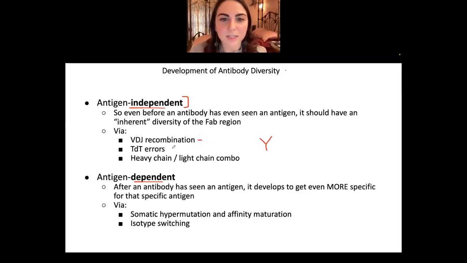There are all these different processes that help give you a very diverse antibody from the start, before it even sees any antigen. So I think of it as developing all these antibodies with inherent diversity. In theory, every single antibody you develop should look different to start.